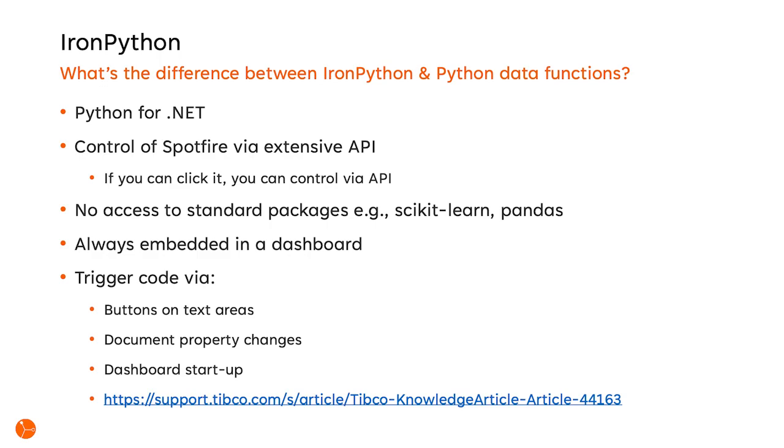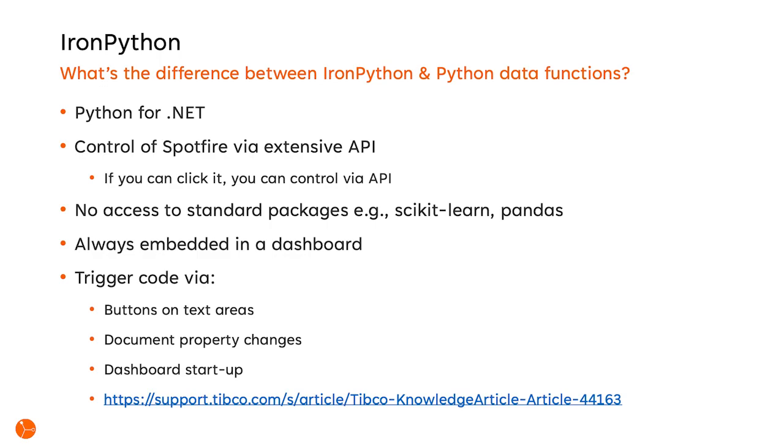It's always embedded in a dashboard, so there's kind of an easy way of adding this to a dashboard. You add it to the dashboard, you save it, and then it's there. And I showed you could trigger the code by pushing a button, so in the fold example, and you can trigger it by changing a document property.